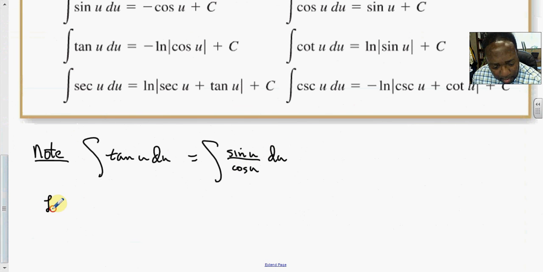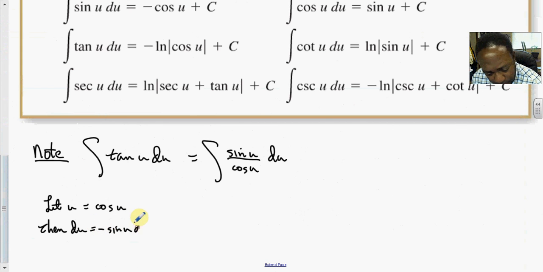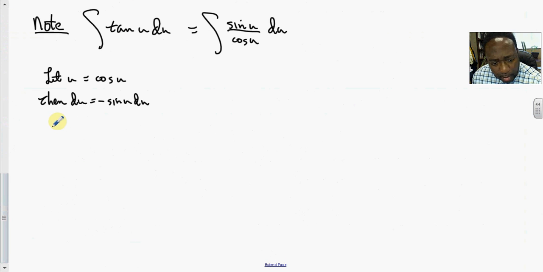So here, if we let u equal cosine u, du, the derivative of cosine is negative sine u. The derivative of u is the du. So negative du can represent for us the sine u du.